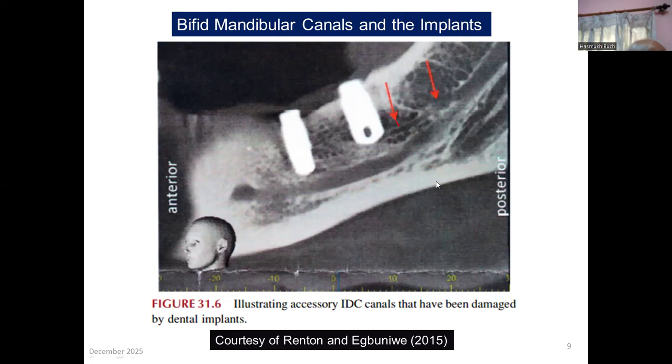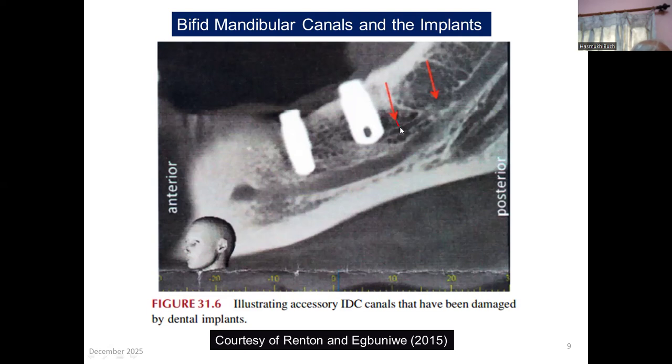So why are the bifid and trifid canals important in oral dental implantology? One can get an idea from such images.